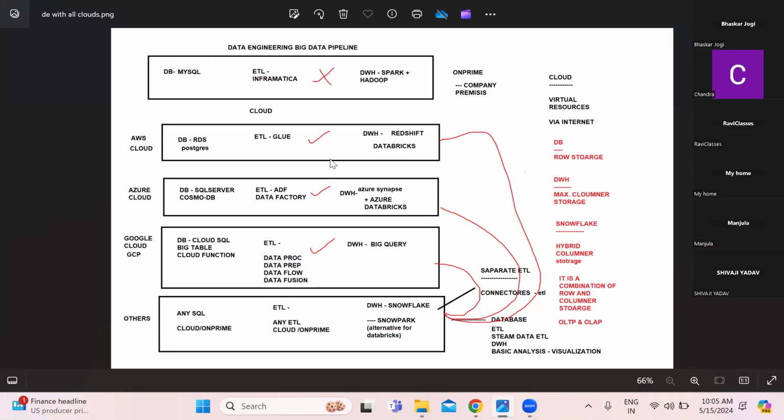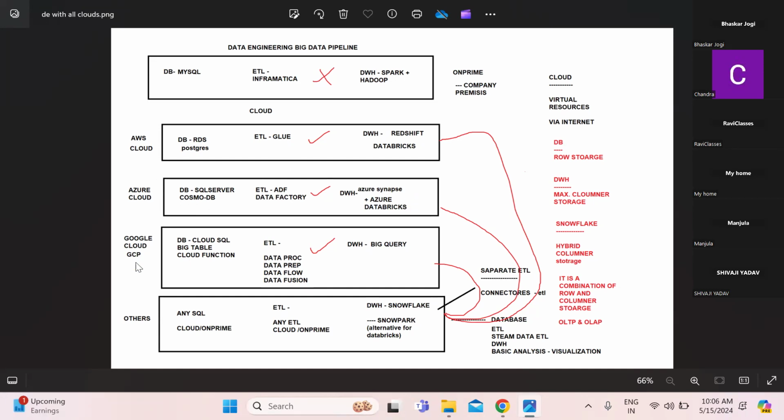Coming to Azure, in Azure there are SQL Server, Cosmos DB, and other database management systems. From the ETL point of view, Data Factory or ADF, or Azure Databricks, or a data warehouse like Synapse. This is the flow of data engineering.